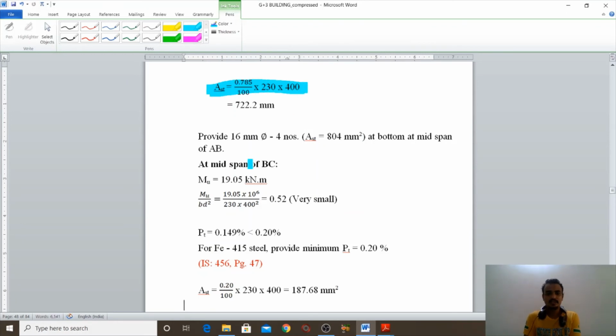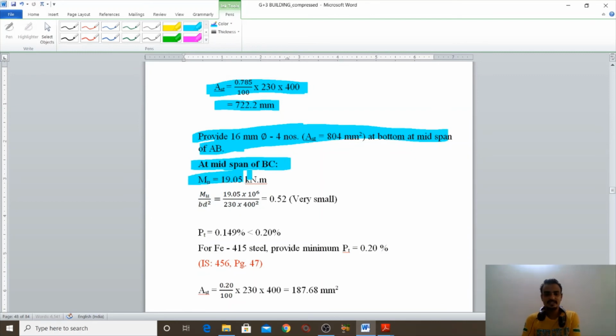Ast is 0.785 bd by 100, so Ast is 722.2 mm square. Provide 4 numbers of 16 mm diameter bars at mid span.